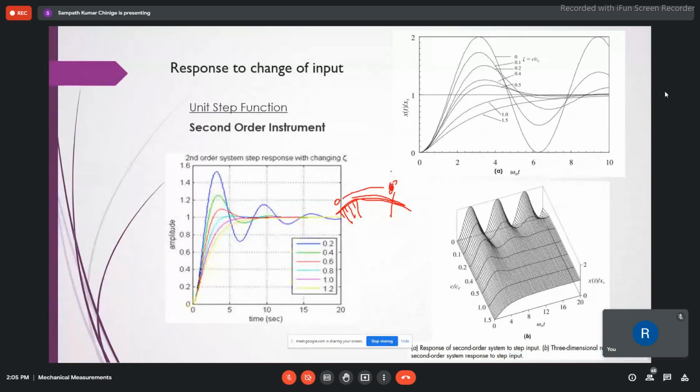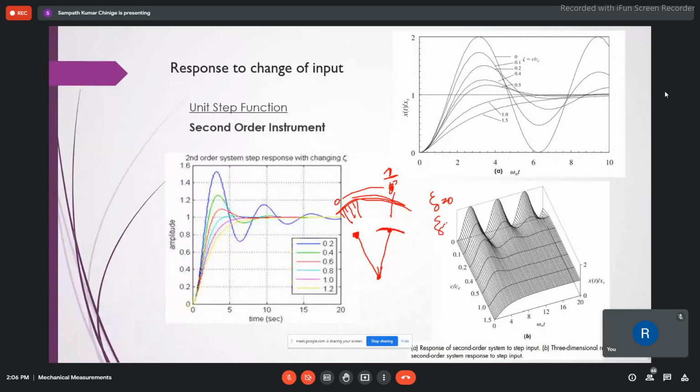So this is the pointer on the scale. Now, when I put a weight over it, the system will not directly come over here. When zeta is equivalent to 0, it will keep on vibrating.